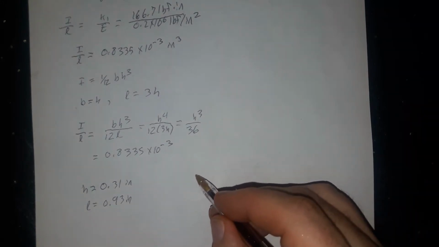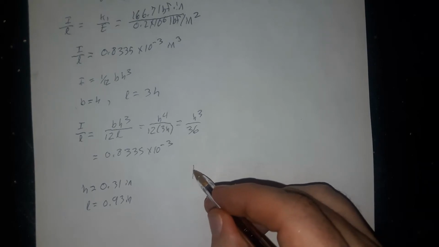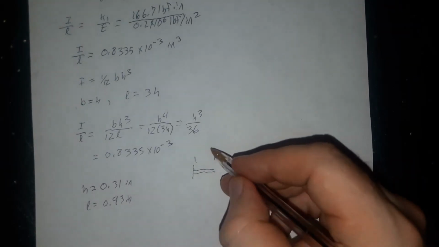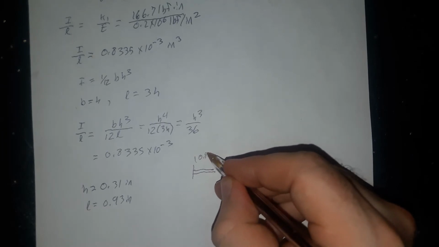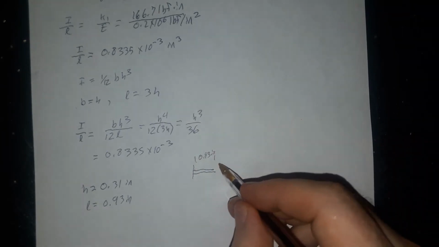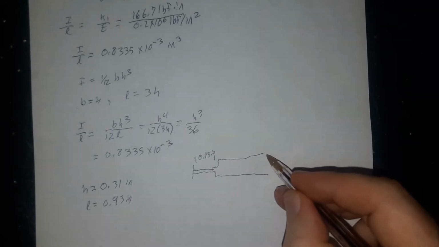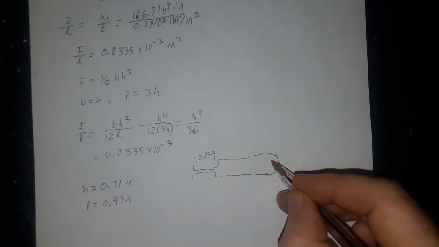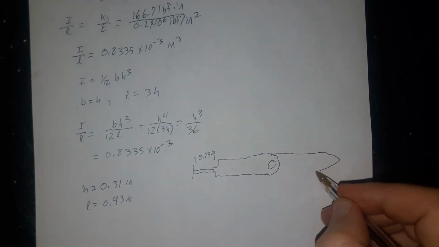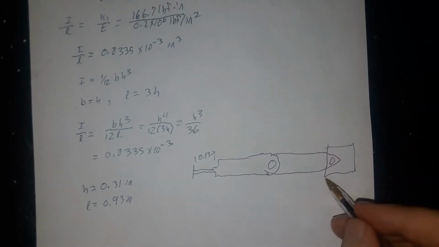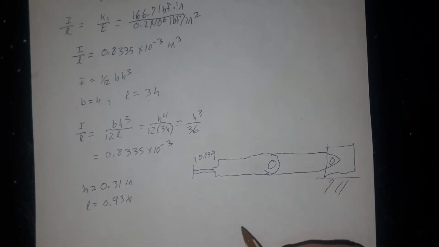What this is going to look like is a small length flexural pivot that's 0.93 inches long, and then I will have a beam with a pin and a slider on it, something like this.